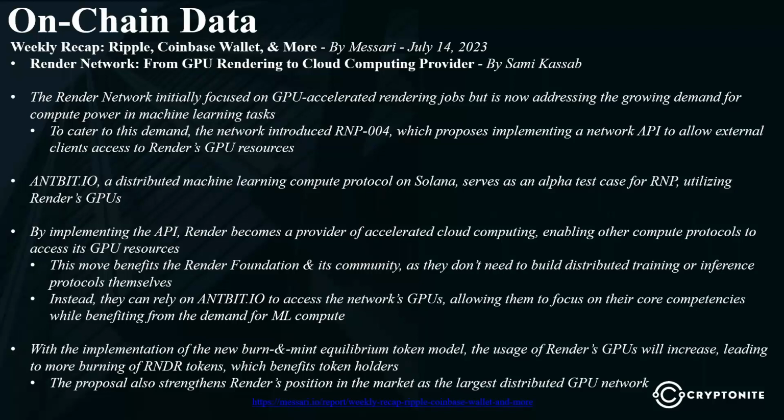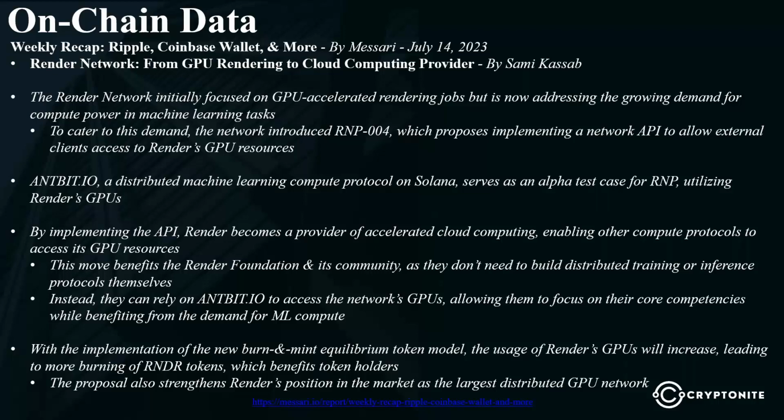So again, we're going to compare Render to Ethereum for the past month, but here's some information on Render and their on-chain data. The Render network initially focused on GPU-accelerated rendering jobs, but is now addressing the growing demand for compute power and machine learning tasks. They want to cater to this demand. The network introduced RNP-004, which proposes implementing a network API to allow external clients access to Render's GPU resources.